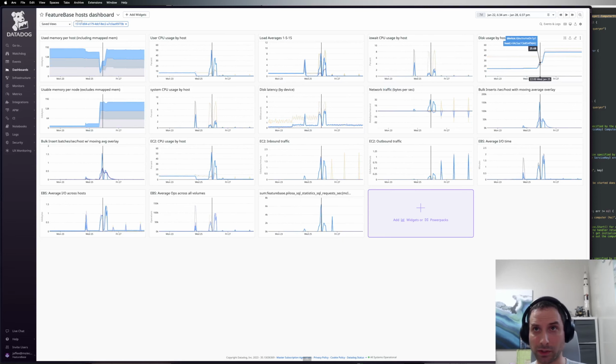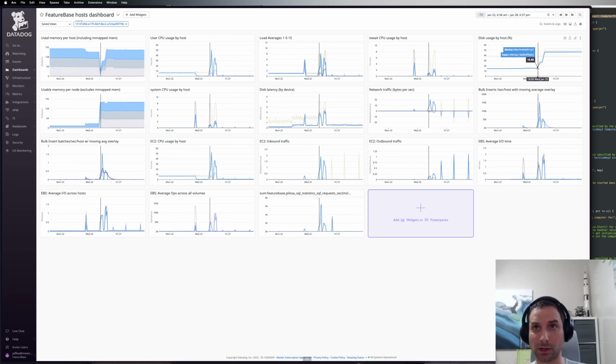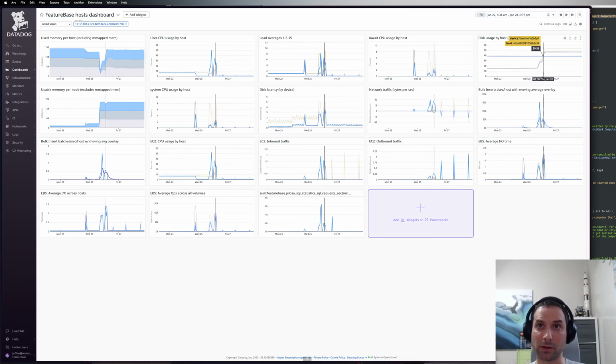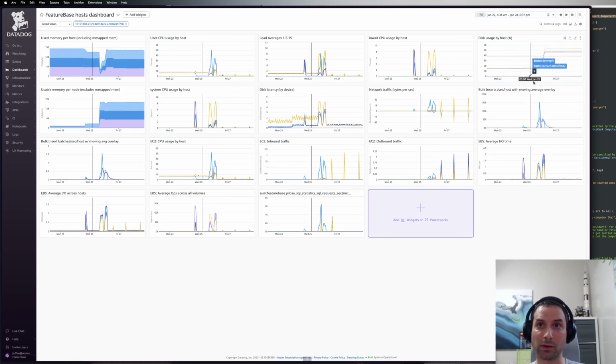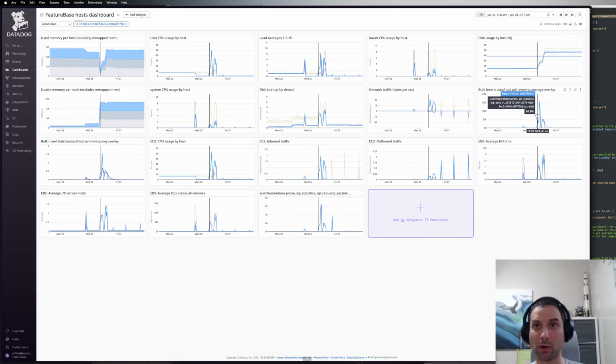Disk usage is a good one to keep an eye on. This is where we start doing this ingest, and disk usage climbs up and up and up. You can see that is correlated with this bulk inserts per second per host graph. We can see there's only one host that's getting bulk inserts.